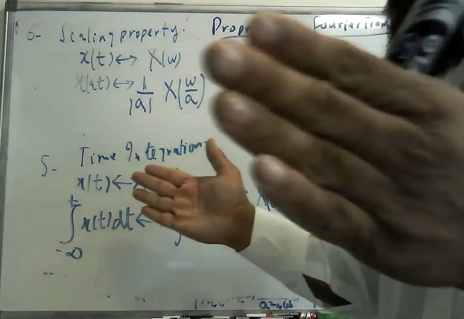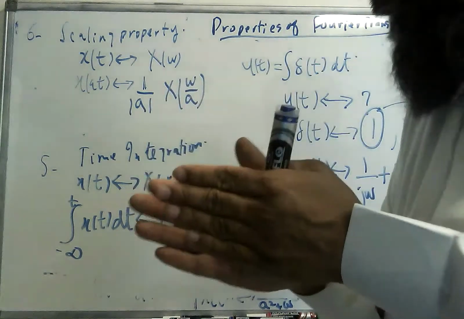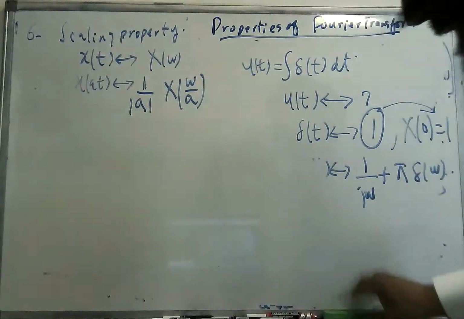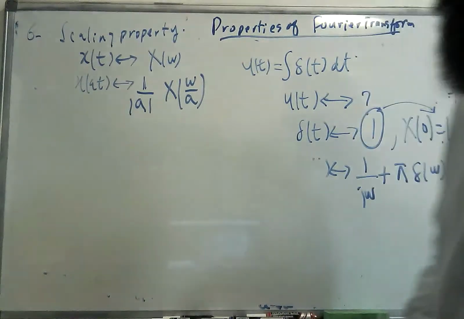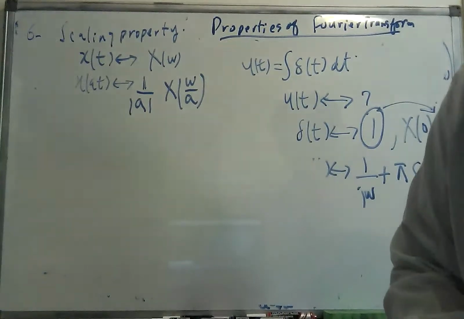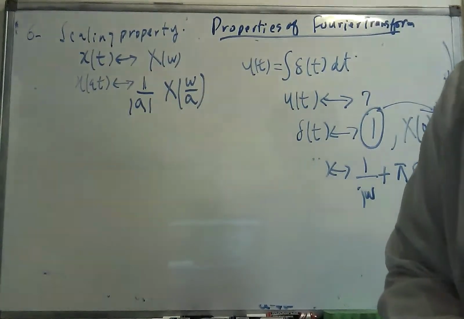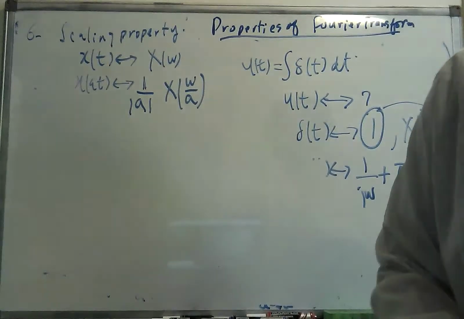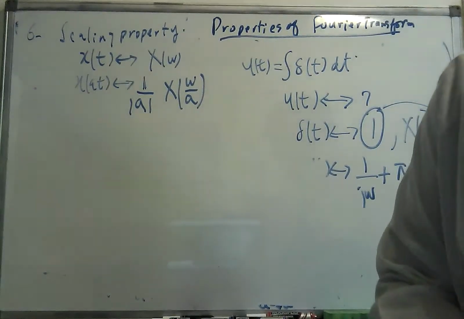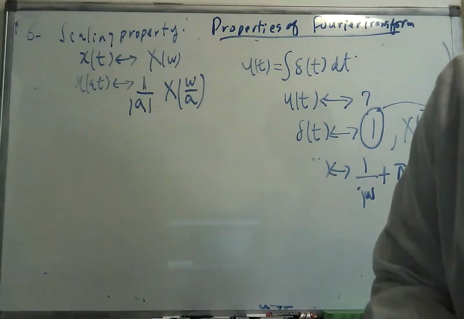Expanding the time domain will compress the frequency domain, and compressing the time domain will expand the frequency domain. Let us look at the rectangular pulse with two different widths.